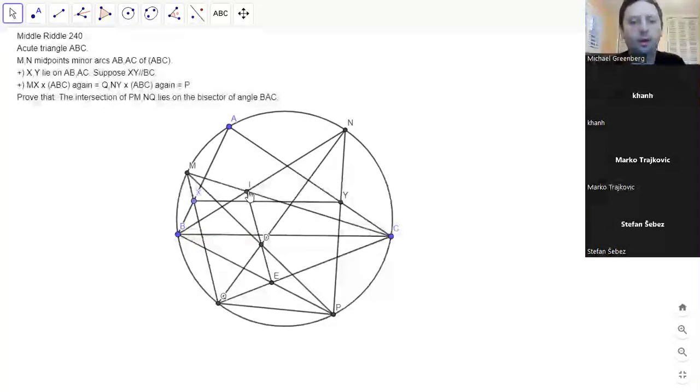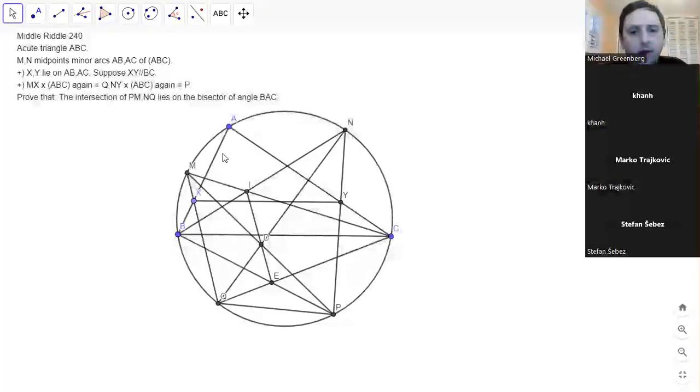Okay. So by the trigonometric version of Ceva, we need to prove that sine of EBC over sine of EBA is equal to sine of ECA over sine of ECB, I think.